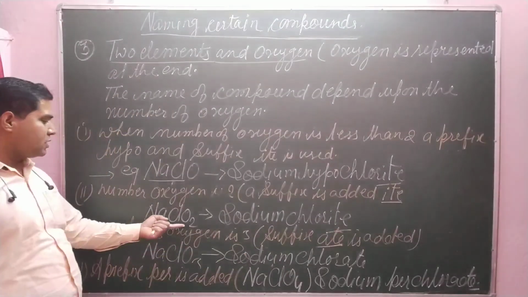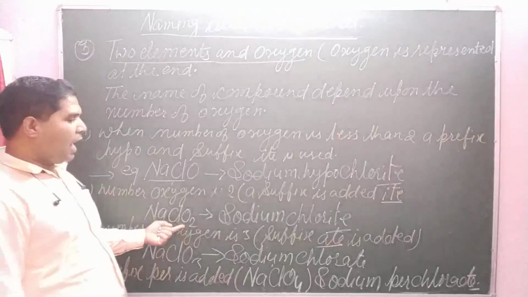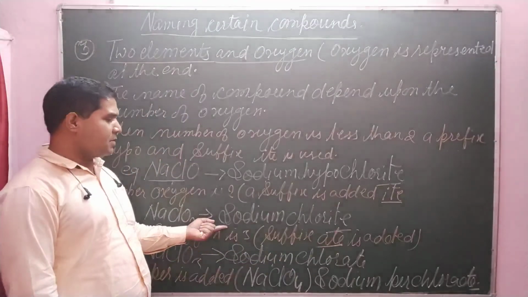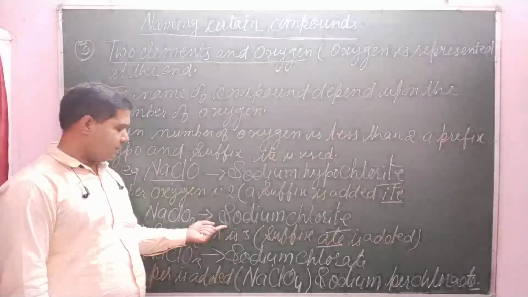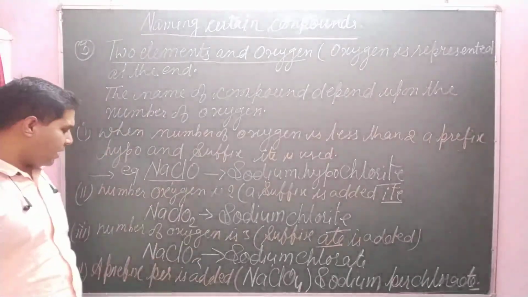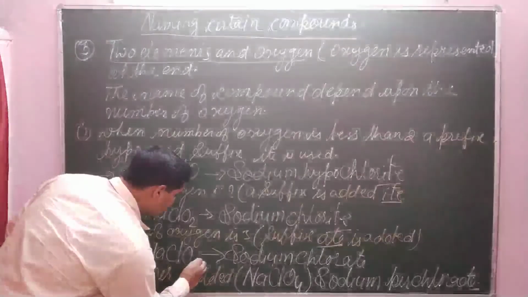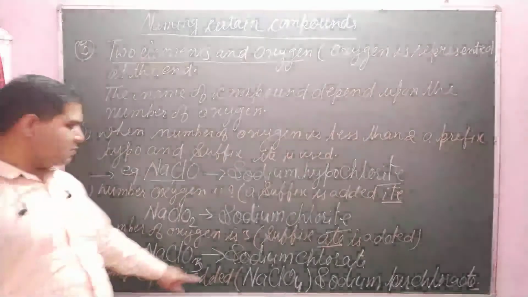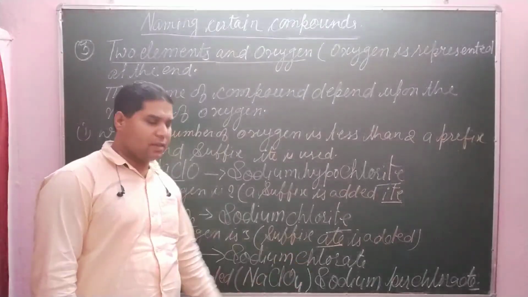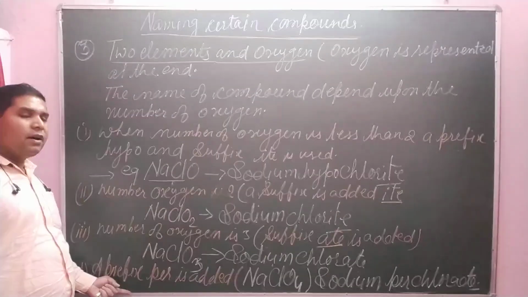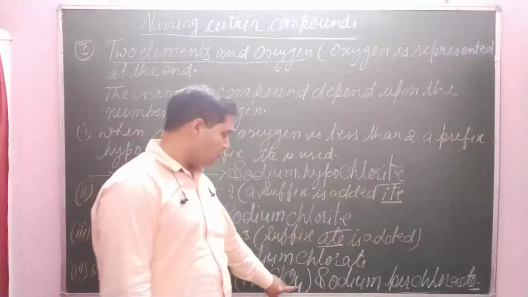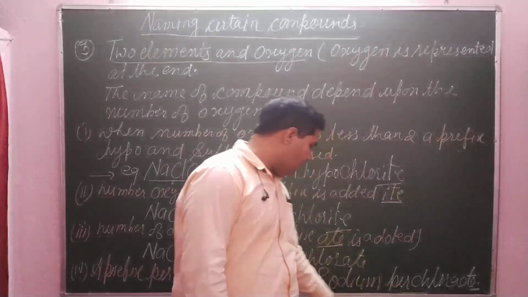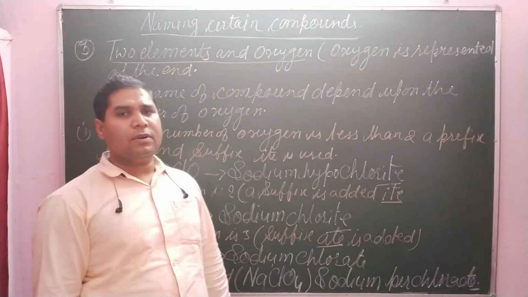Where the number of oxygen is 2, the suffix ite is added, sodium chlorite. Where the number of oxygen is 3, the suffix ate is added, sodium chlorate, and where the number of oxygen is 4, the prefix per is added and it is known as sodium perchlorate.